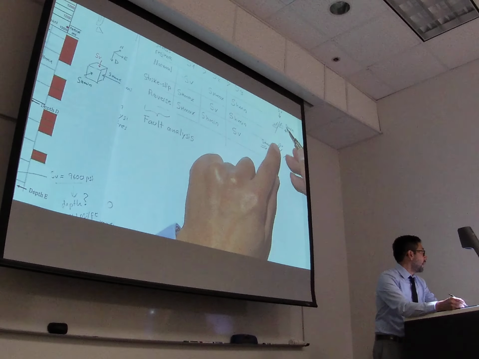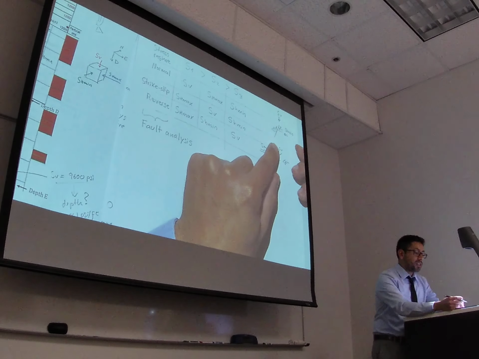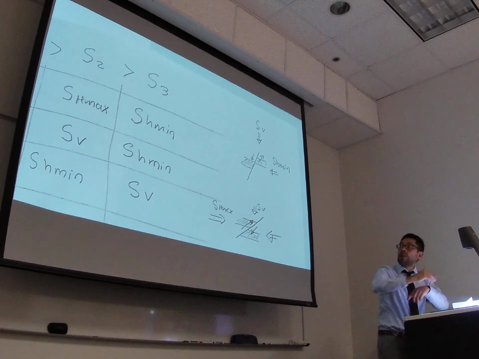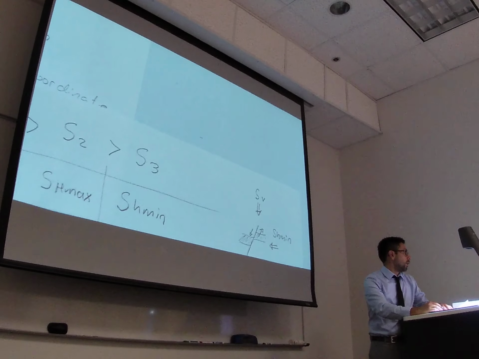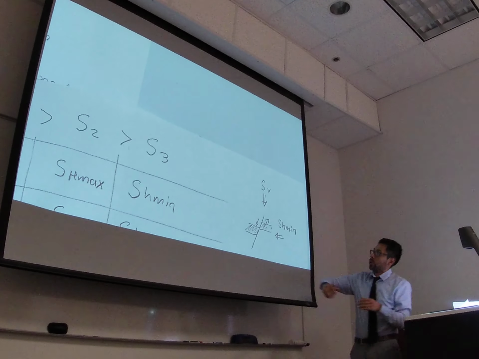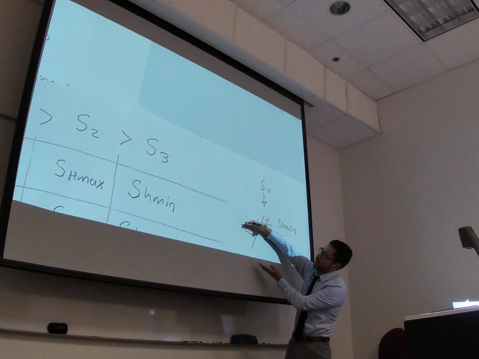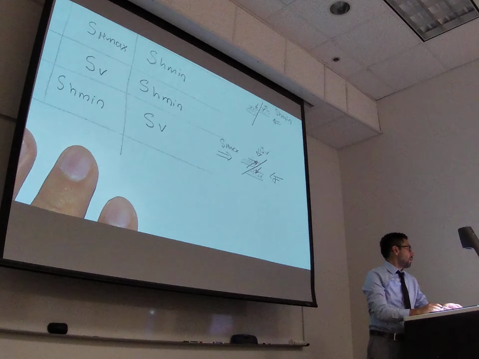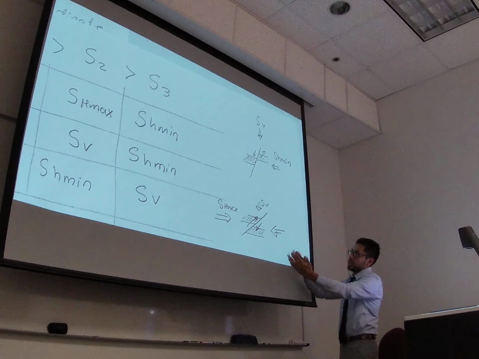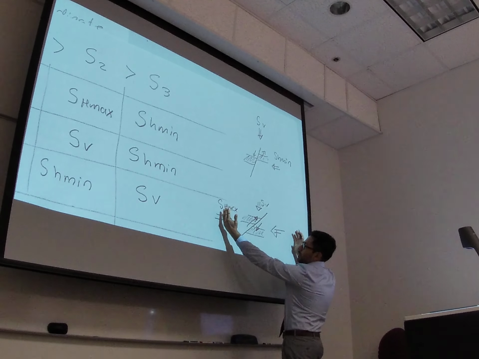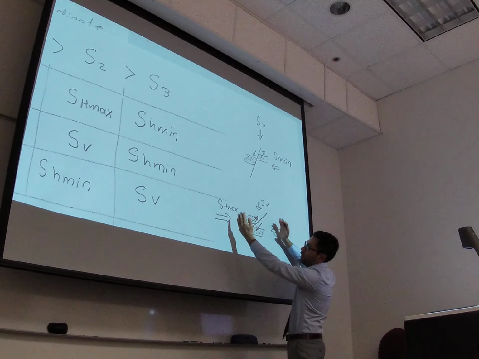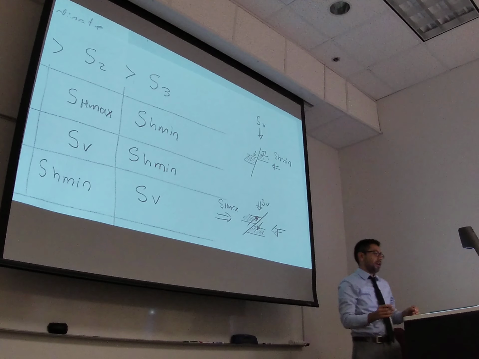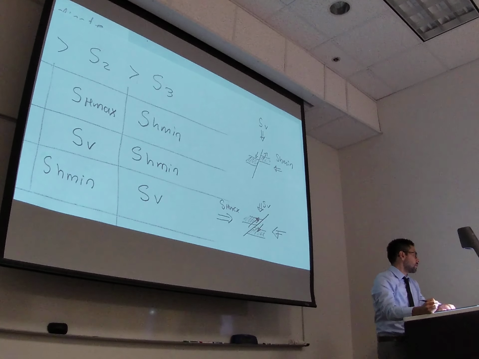Notice that in the first case, SV is kind of pushing down. This is lower. So SV is moving down this block against SH min. In the reverse case, SH max is bigger, is pushing the block against SV, but SH max is bigger, so that's why it lifts the hanging wall.